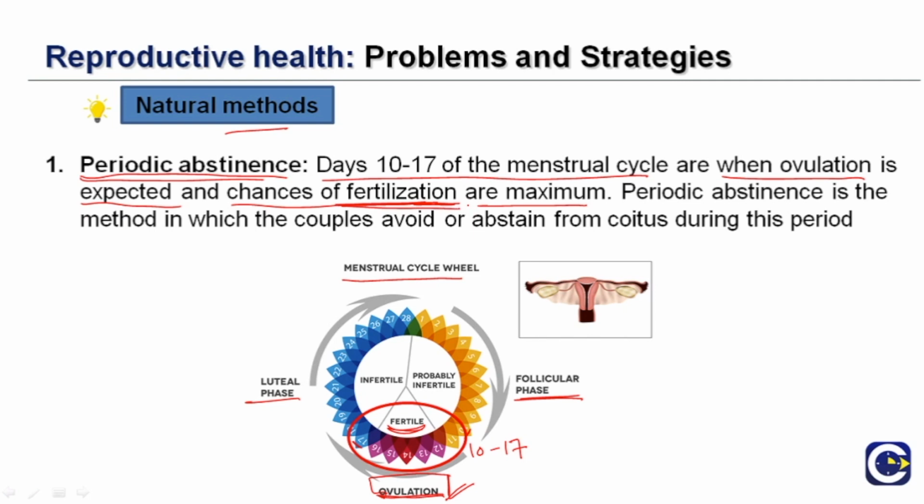So what should be the contraception during this case? Periodic abstinence is a method in which couples should definitely abstain from coitus during this period. That is, they should not have sex during this ovulatory phase. And this is one of the natural methods that a couple can adopt.